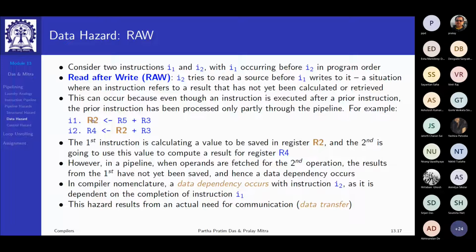Since this write will happen in the write back stage, that is the 5th stage, and the read of R2 in the second instruction will happen in the decode stage, which is stage 2, scheduled in our normal pipeline way before R2 has been written, we will have a dependency hazard here because we are trying to read the value of R2 before the actual value has been written. So this will have to be taken care of.